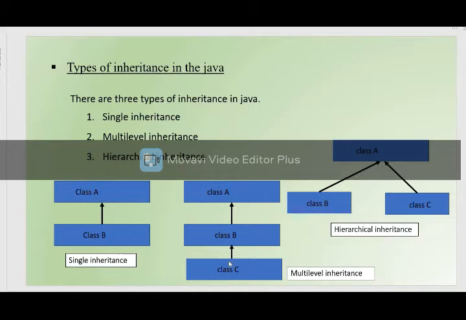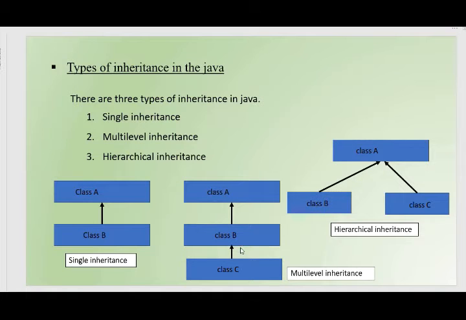Class C is the child class to the grandparent class A, but class C is the child class to class B. Class B is the parent class.